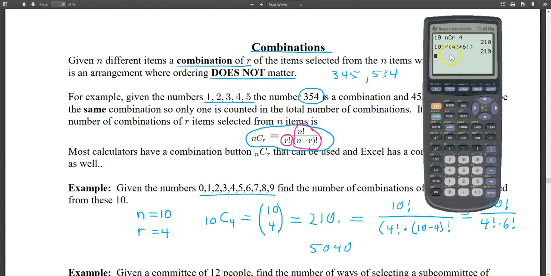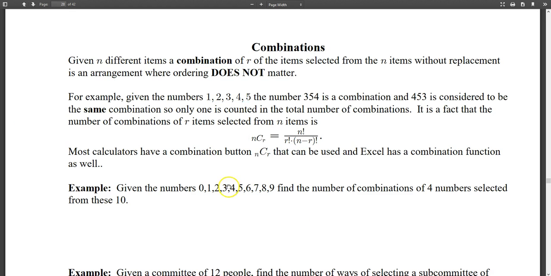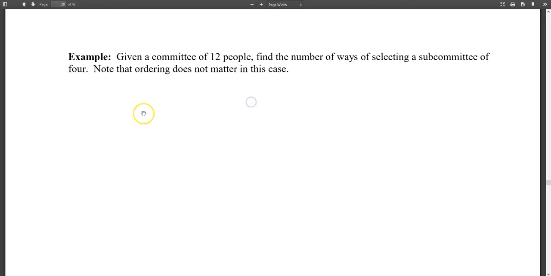Let's take a look at this problem. So now we have a committee of 12 people again, and now we want to find the number of ways of selecting a subcommittee of 4 people. Now when we select the subcommittee, note that ordering does not matter in this case. Before it mattered because we were selecting a president, vice president, treasurer, and secretary.